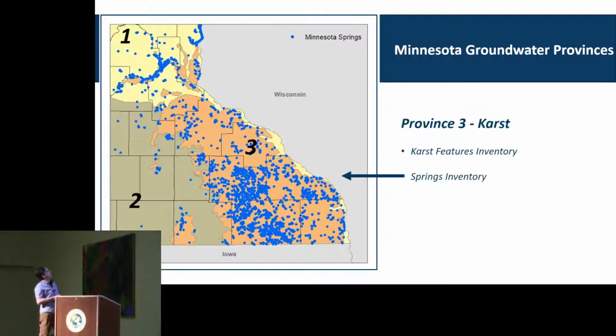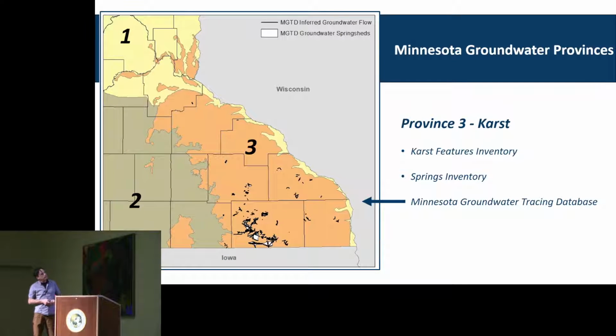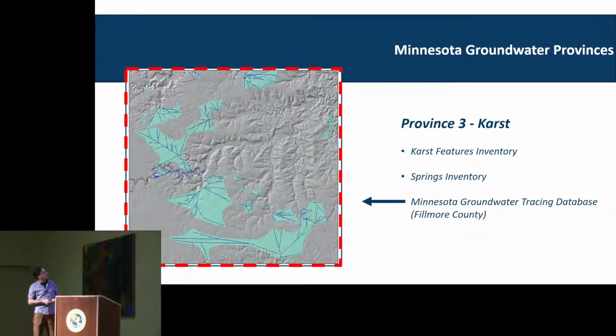And then we also have the Minnesota Groundwater Tracing Database. And so the database, if I zoom into this section of Fillmore County, you can see that we've got hundreds and hundreds. I think we're over 700 individual traces now, and we're delineating some pretty large spring sheds there.